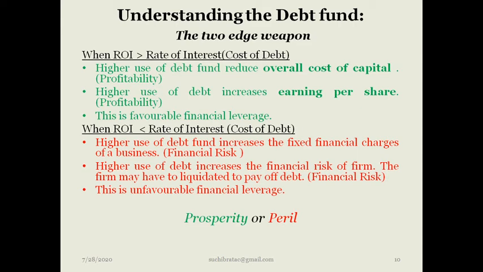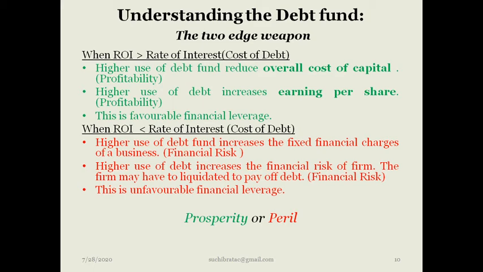There are two situations, or you can better say conditions. If that condition is fulfilled, then the debt fund will act in a positive way, and if the condition is not fulfilled, then it may act in a negative way.